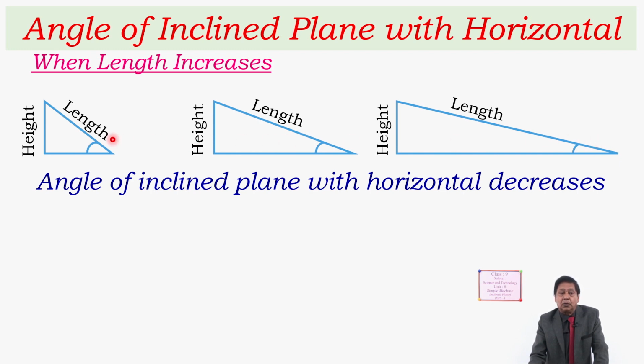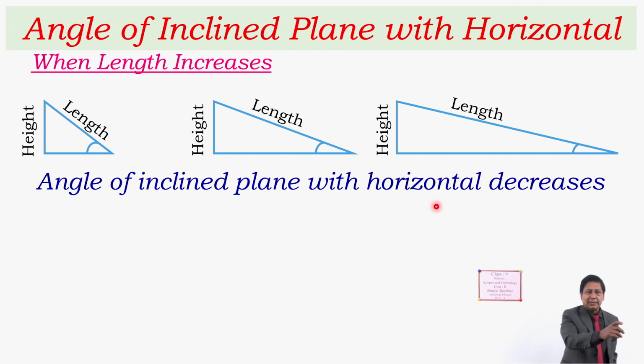If 100 Newton force is applied to pull a body on this inclined plane, here it will be less, maybe only 80 Newton. Here it will be still less, maybe only 50 Newton, because effort distance is increasing, the angle of the inclined plane with the horizontal is decreasing, and it helps to pull heavy load with less effort.